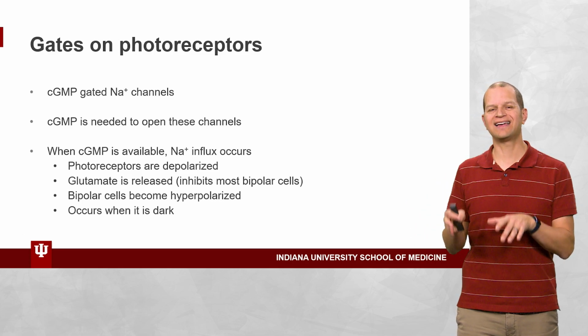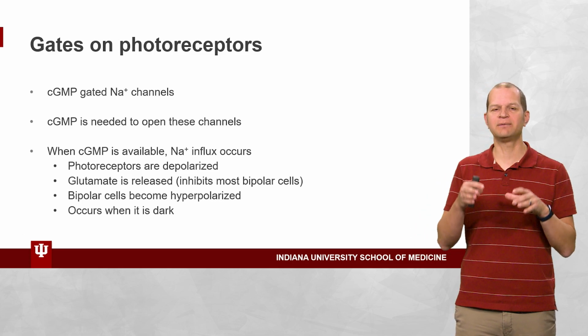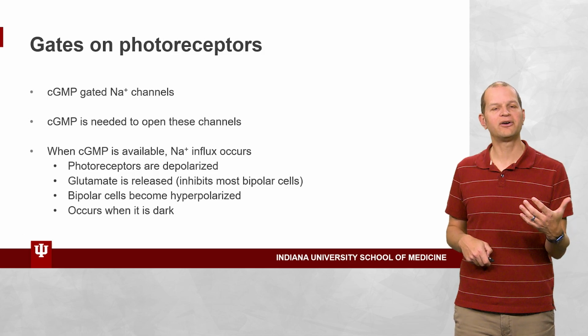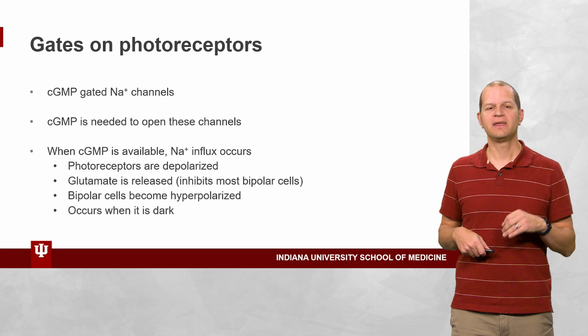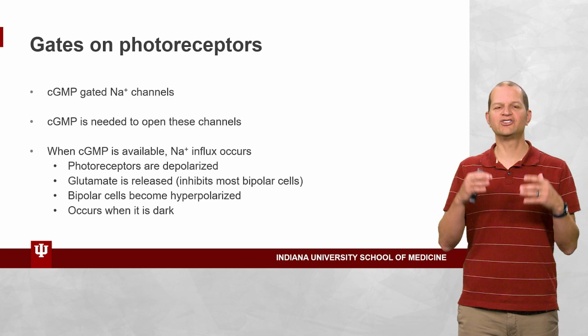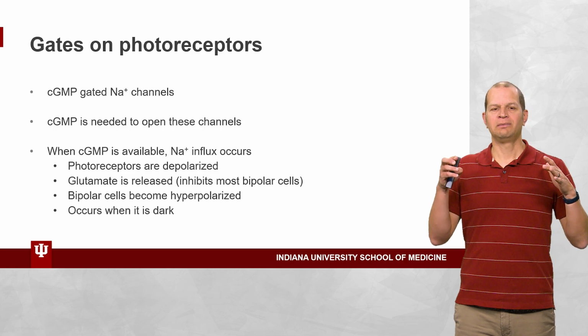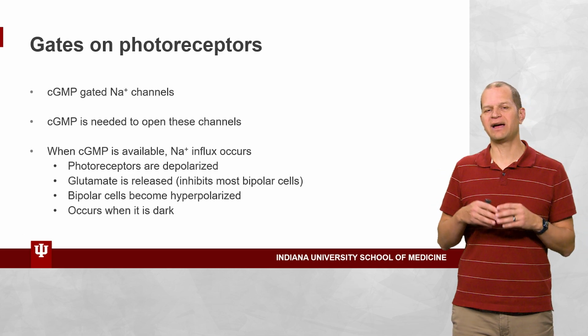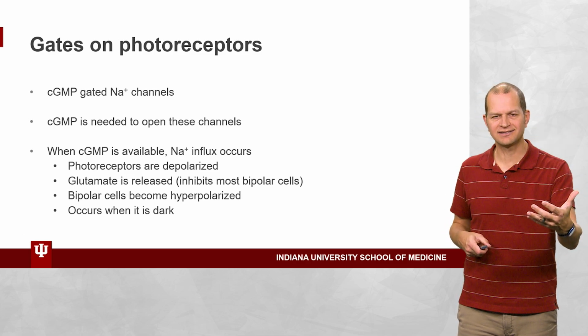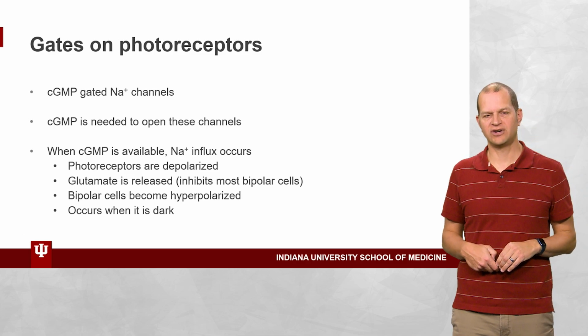We're going to focus on the bipolar cells that are inhibited by glutamate. Another thing that makes this a little counterintuitive is that these cGMP gated channels are open when it is dark. Okay, glutamate is being released by photoreceptors when it is dark. So in other words, there's no stimulus, but yet we're releasing neurotransmitter.